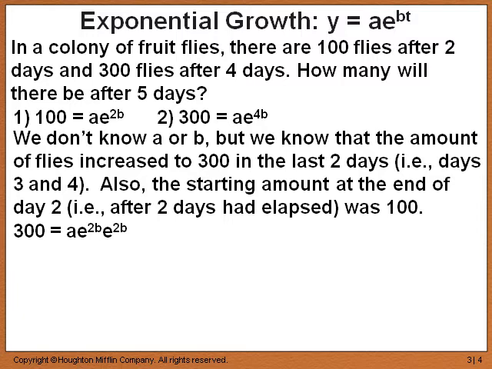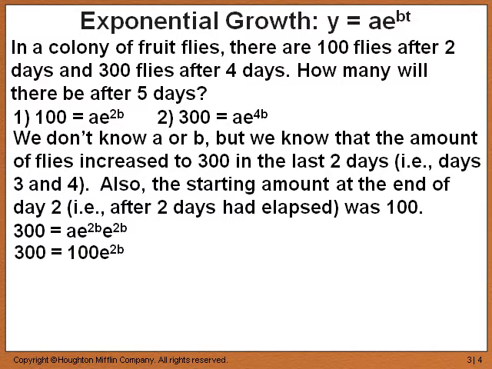Okay, now looking at 300 equals ae to the 2b times e to the 2b. That is the equation I just put up on the screen. Looking at that, we can notice something: ae to the 2b was already defined in equation 1. Equation 1 is 100 equals ae to the 2b.